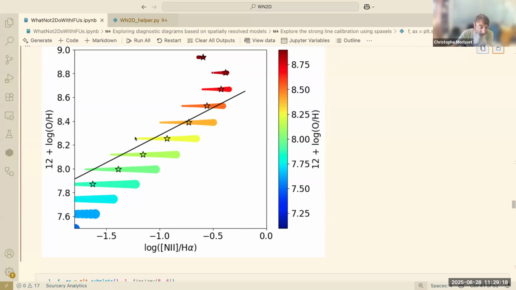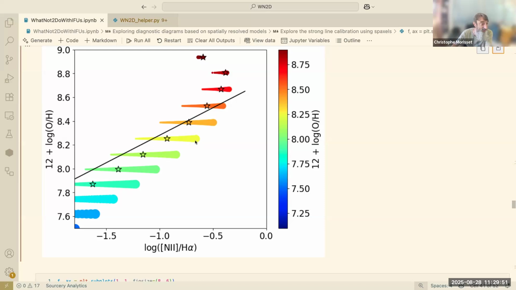If you use the Marino curve, you will go there, and you will say, okay, my O over H in the inner part of the nebula is 8.2, a little bit lower. And the outer part of the nebula is this one. You observe this N2, you go to this relation, and you get 8.4, 8.5. So 0.3 dex of apparent O over H gradient.